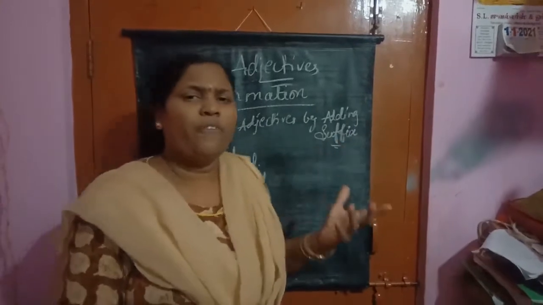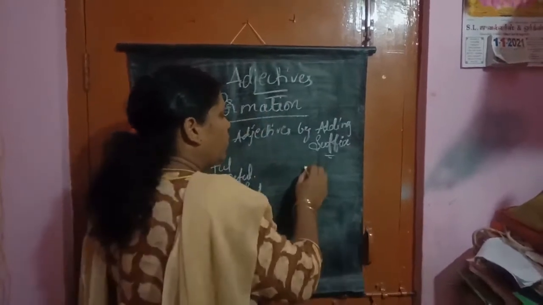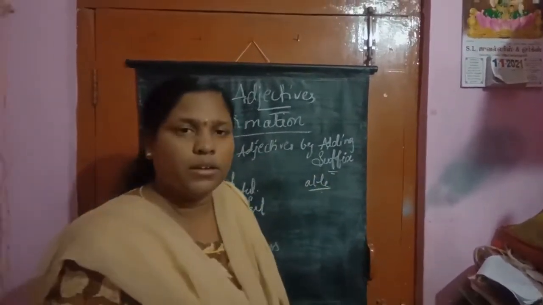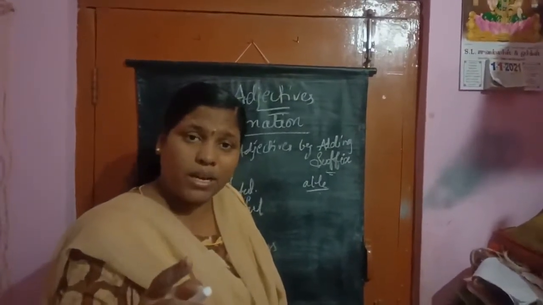Understood, children? Everyone knows about suffix. Suffix means what? When we add a word to another word at the end of the word, it gives a new meaning or becomes a new word. How? See at the end. Able is a suffix. Where are we adding it?